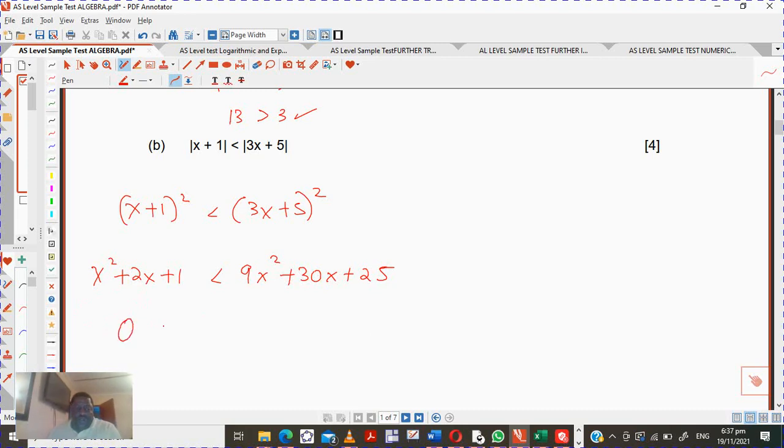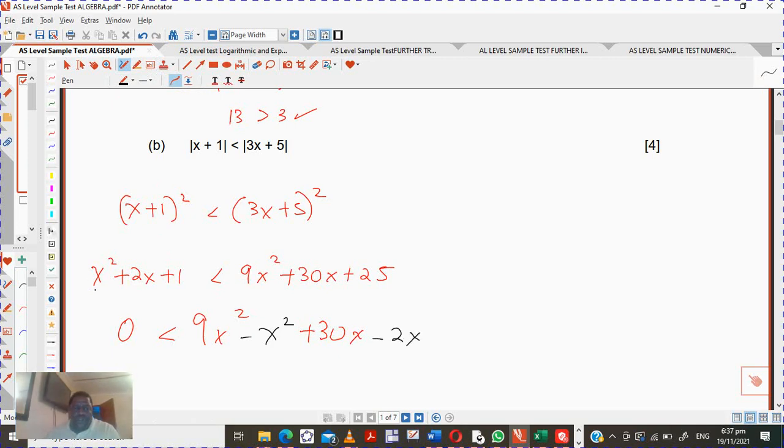I'm just going to move all of these terms to the other side. So I'm going to have 9x squared, and from there I'm going to take away an x squared. Then I have my 30x, and I'm going to take away a 2x from there.